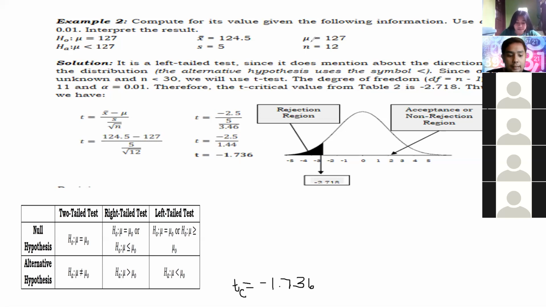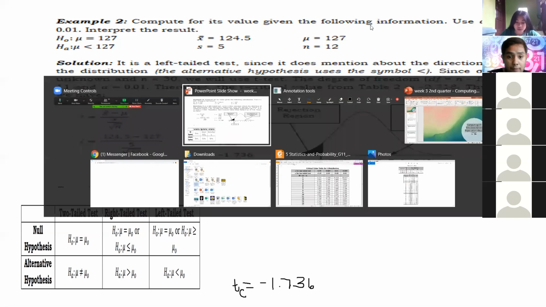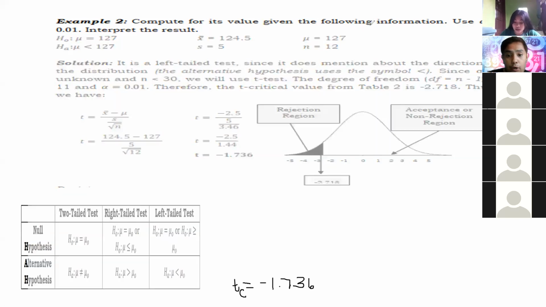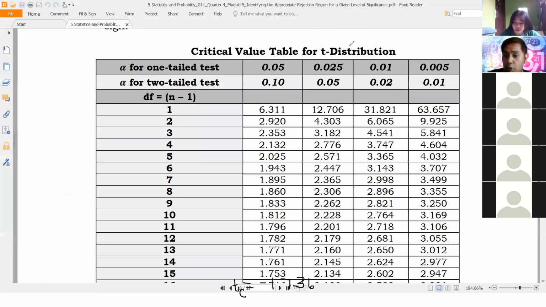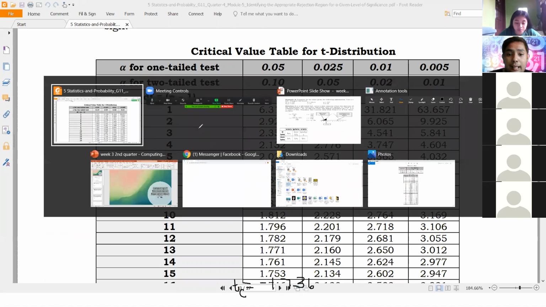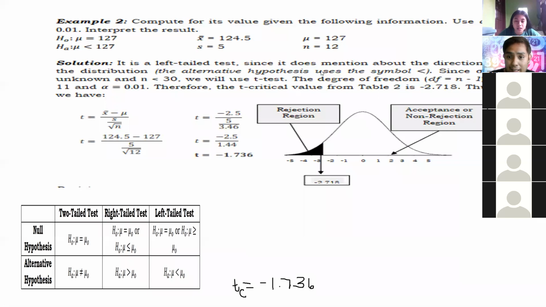So, balik tayo sa ating t-distribution. Pag t-distribution, tandaan natin, meron tayong degree of freedom. Ano yung degree of freedom? That is n minus 1. So kanina, ang sample natin ay 12. Diba? So ibig sabihin, we'll be using 11. Okay po? So we'll be using 11.